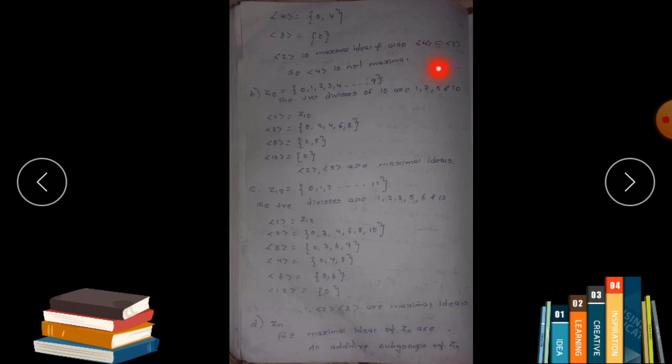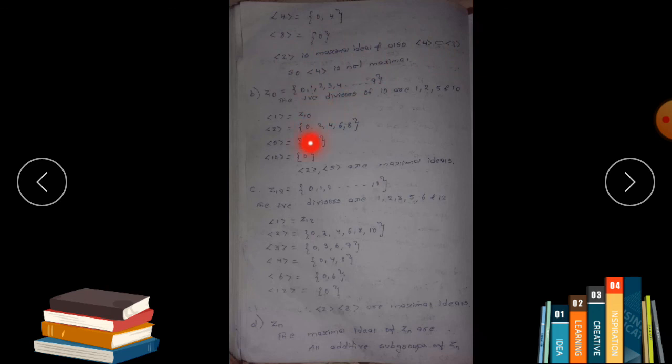In the maximal ideal, A subset of B subset of R, if it's a subset, then we have to write A equals B or B equals R. But here 4 is not equal to 2. So here generator 4 is not maximal, only generator 2 is maximal.